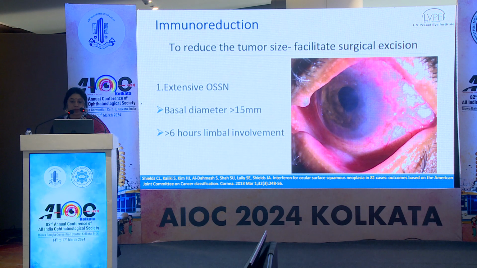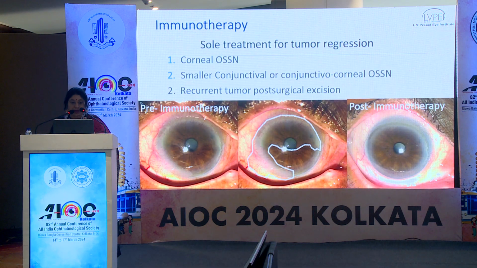These are cases where you can't go ahead and do a surgical excision because we will end up with a lot of limbal stem cell deficiency. So immunotherapy is specifically for corneal OSSNs. For this particular case where you see there is a sheath of cells on the corneal surface, you can't go ahead and do an excision biopsy, and these cases respond very well to these pharmacological therapies.